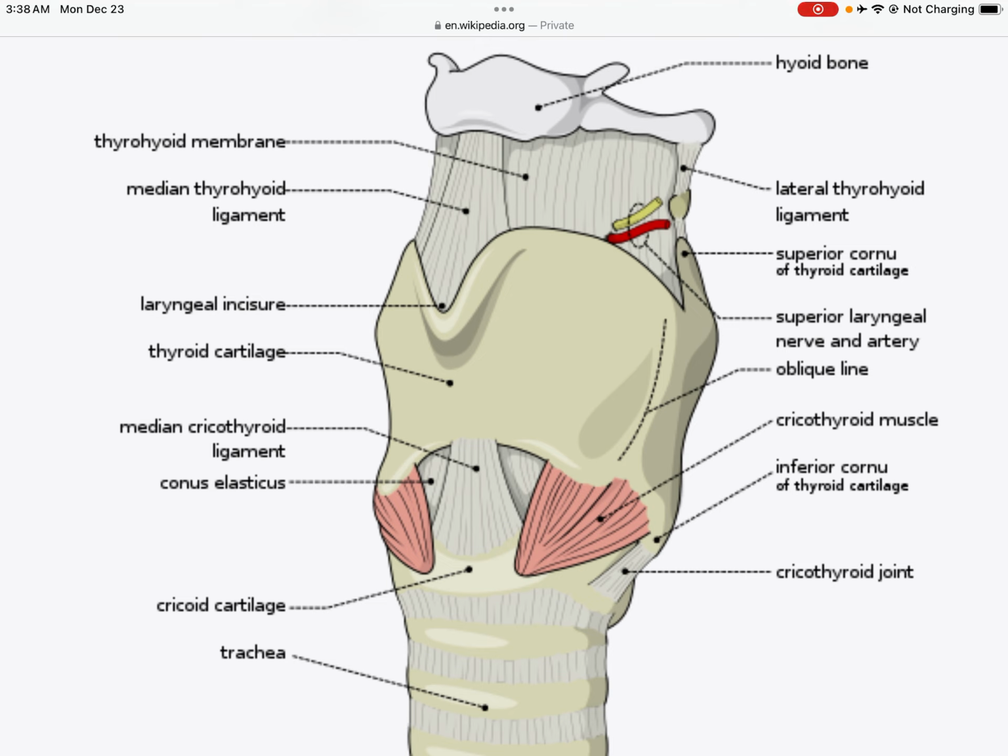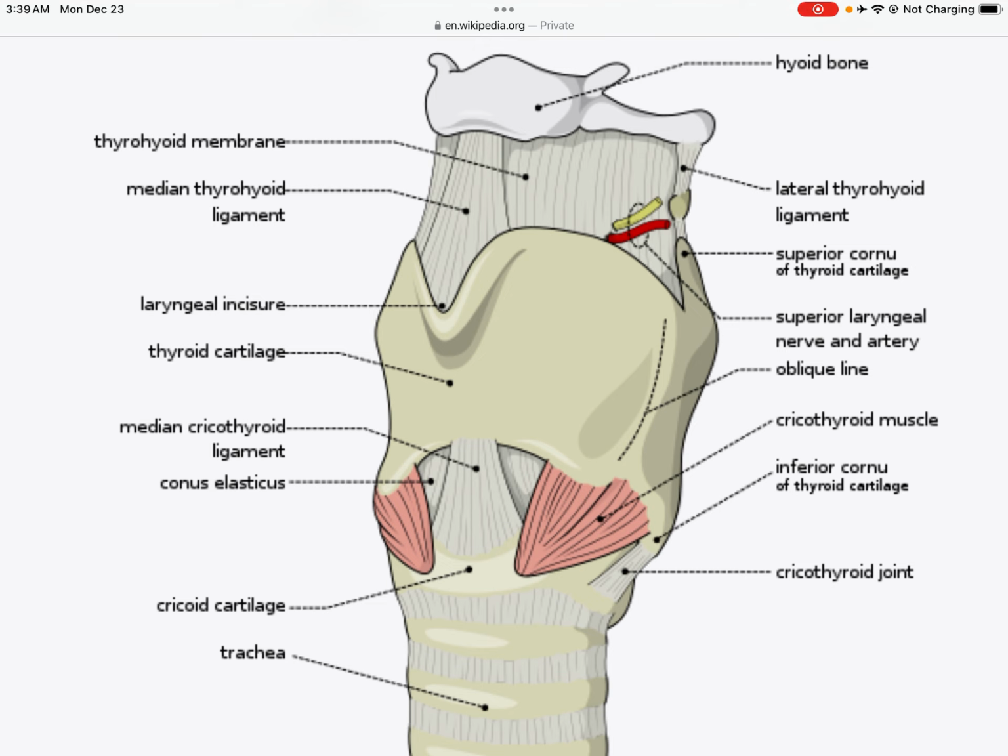So this is the voice box, and it contains the thyrohyoid membrane and median thyrohyoid ligament, and above it is the hyoid bone. This hyoid bone is attached to the lateral thyrohyoid ligament, which is attached to the superior horns of the thyroid cartilage.